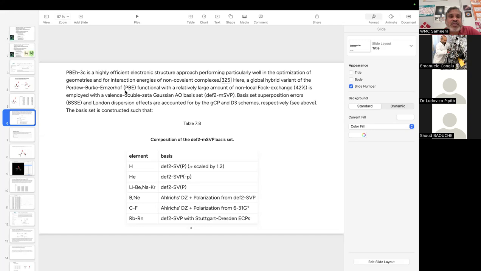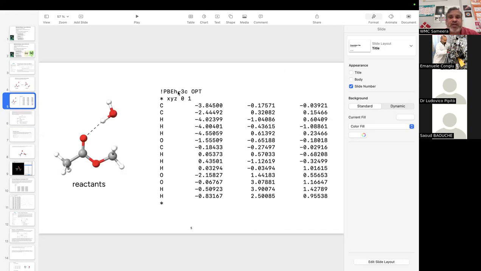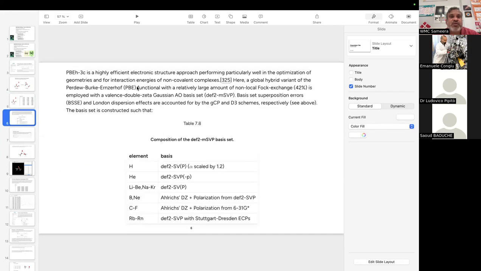And the basis set by default when you put this keyword is def2-mSVP. So when you put that keyword in the input file, it will use PBE with 42% Hartree-Fock exchange, and the basis set will be def2-mSVP.